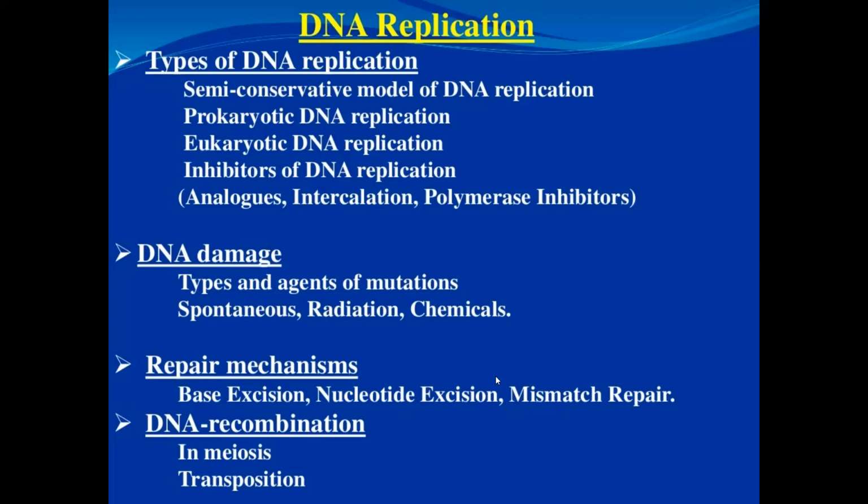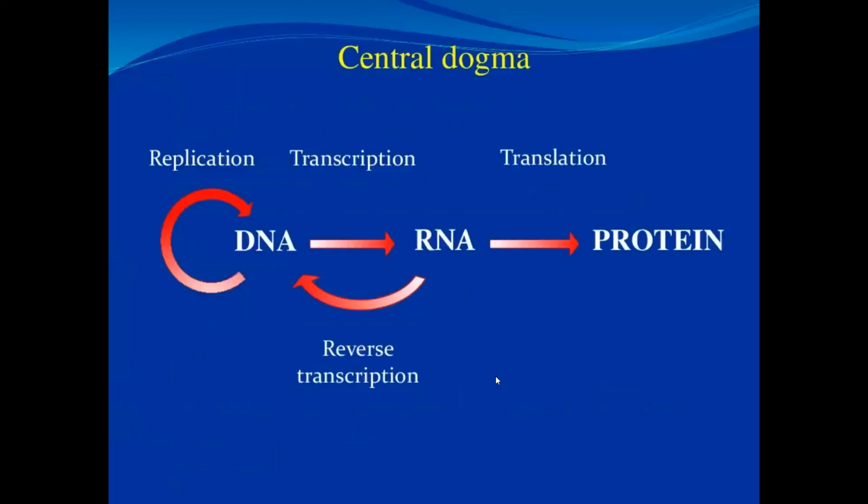As you can see in our next slide, we very well know that DNA is heritable, it is transferred from one generation to another, where the information present in the DNA is passed on to the next generation. So how is it carried forward? It undergoes replication, and only then is the information carried forward.